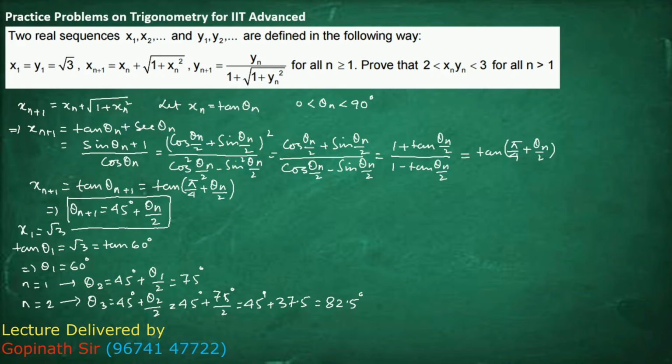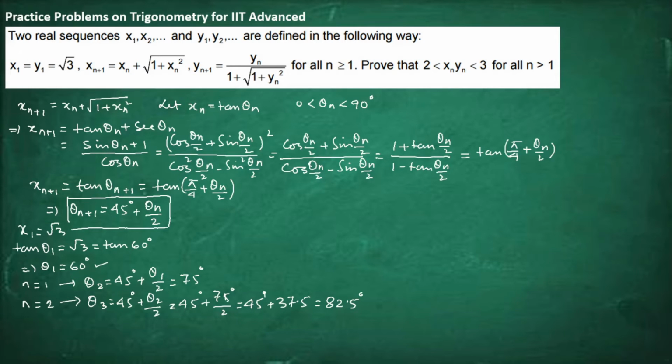Now if you observe, you will find that theta 1 is 60 degrees, theta 2 is 75 degrees, theta 3 is 82.5 degrees, okay, and so on.